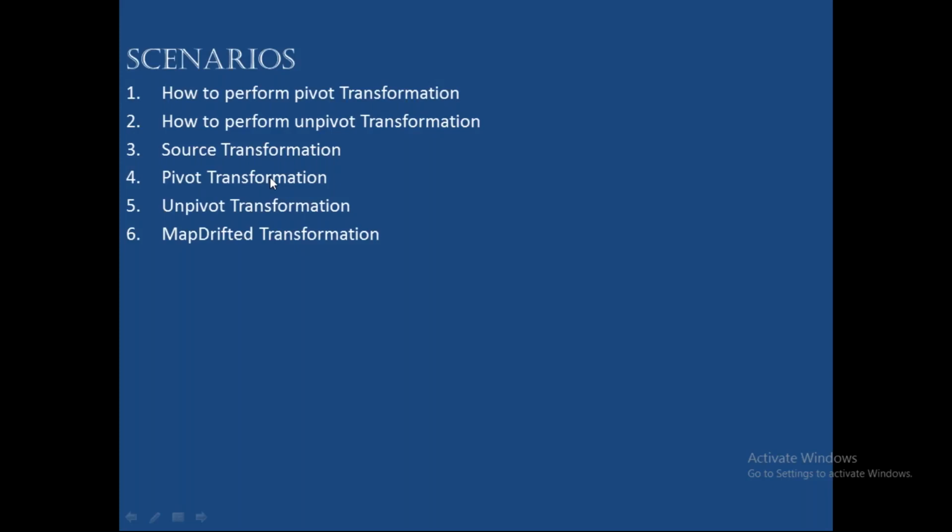When you are converting rows to columns, if you want to add those columns into your output, you need to use a map drifted transformation. Then I'm going to use a derived column transformation today, then the sink transformation. These are the transformations I'm going to use. Don't worry, I will show you why I'm going to use this derived transformation today.